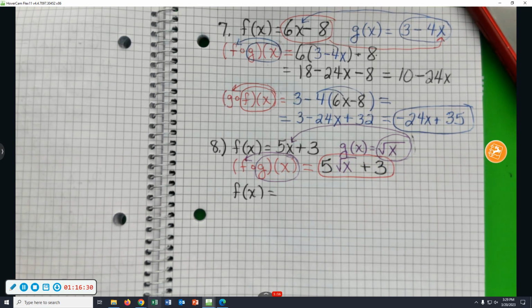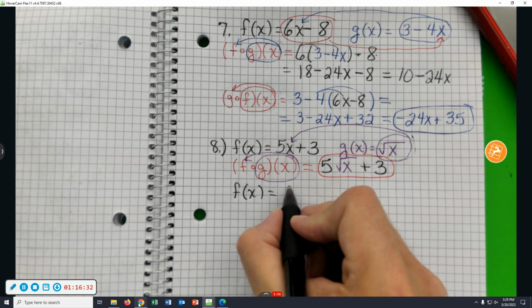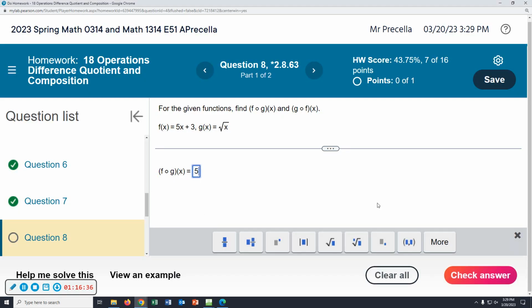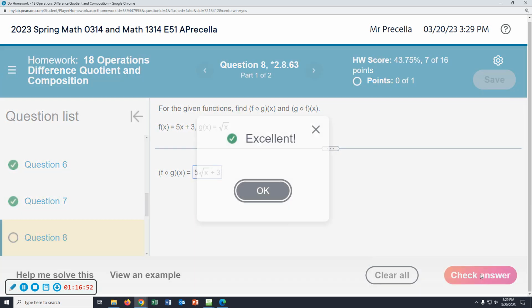So I'm going to type it in. That's 5, remember the square root of x. What do I need to do before I type the plus 3? Move over, get out from underneath that radical. The only thing under that square root is the x.